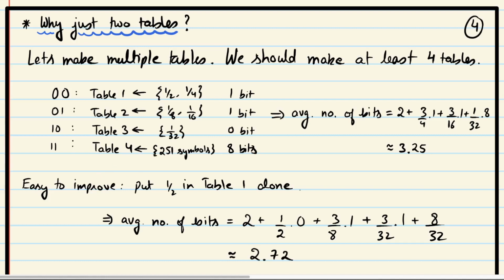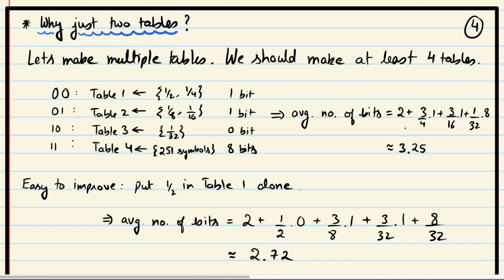And then the 4th table has all the remaining symbols. Okay, so we have already consumed 5 out of 256, so 251 symbols remain, and we use 8 bits to represent all of them. Once again, the rationale is same as before. We take the heavy symbols and put them in one table, and then the next heavy in second table, and so on and so forth. And all these light symbols, 251 of them, are clubbed together in a single table.